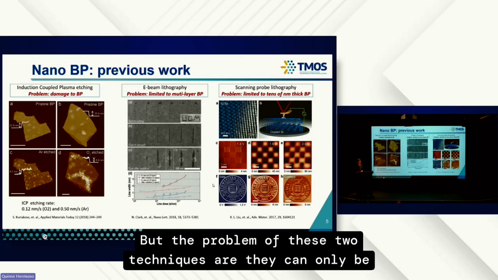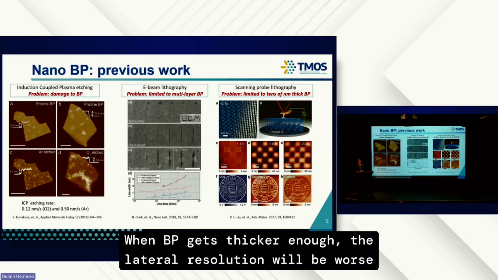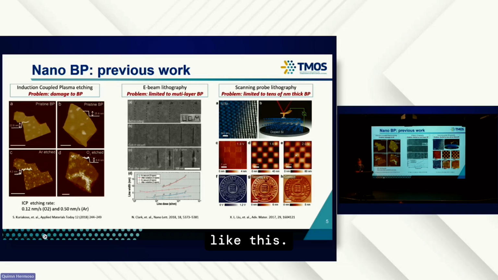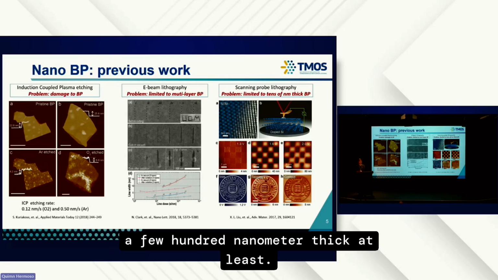But the problem with these two techniques is that they can only be applied to really thin BP flakes, like atomic layer thickness or tens of nanometers. When BP gets thicker, the lateral resolution gets worse, like this. So we need to figure out a method to be able to pattern BP flakes at least a few hundred nanometers thick.